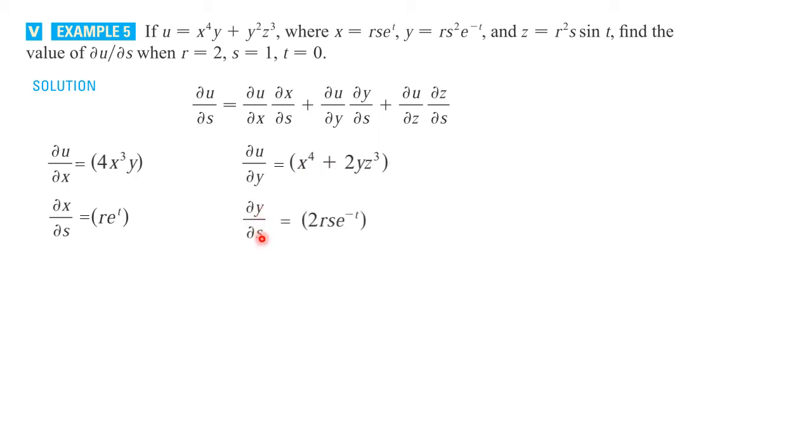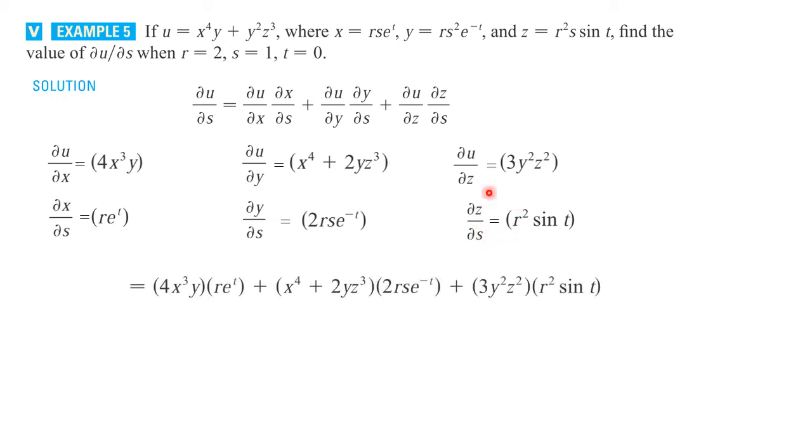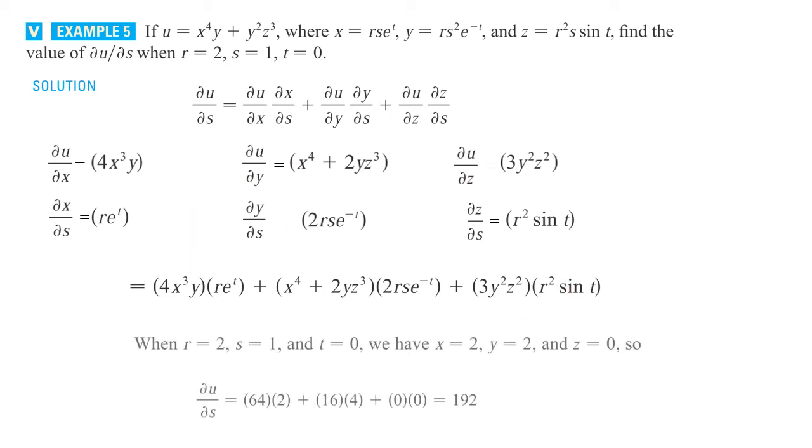Partial y over partial s is equal to 2rs e to the power minus t. Partial u over partial z, we will get 3y square z square. Partial z over partial s, we will get r square sine t. Put all these values in the formula, and we'll get this equation.